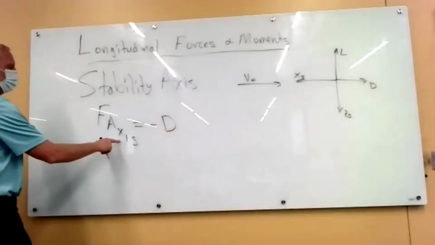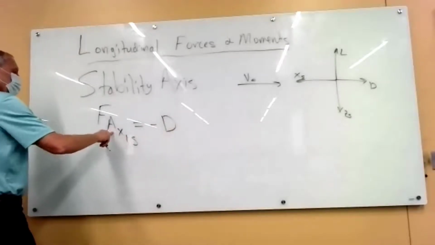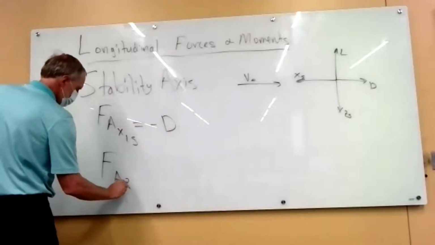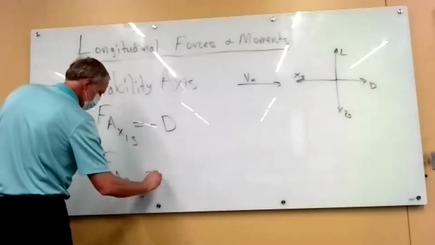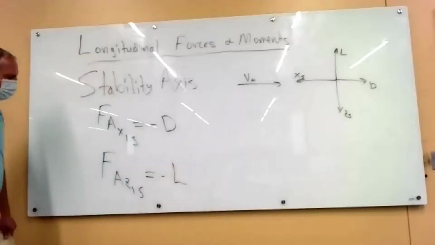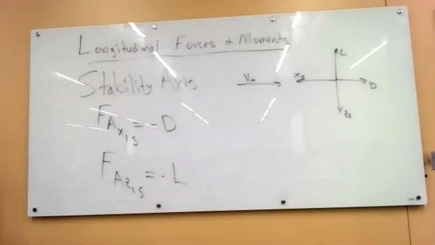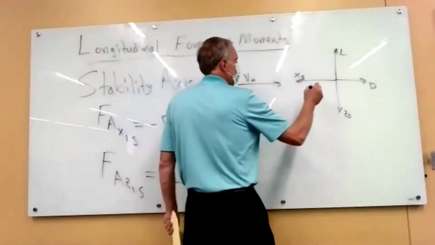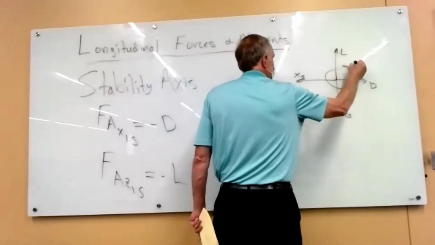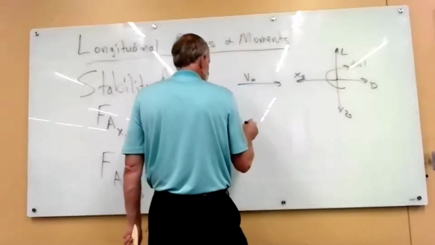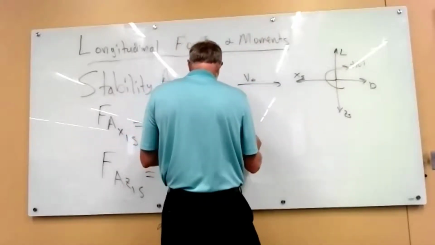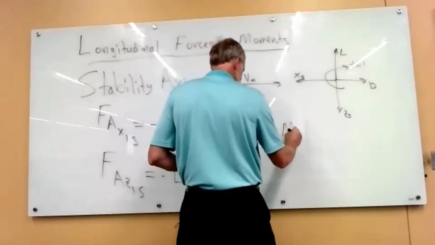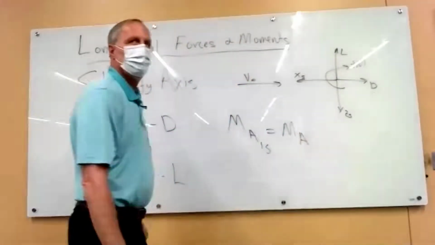So the X1 force in the stability axis, aerodynamic, is the drag. The Z force is the negative of the lift. And then the pitching moment is still just a pitching moment. Doesn't matter which axis we're in. So MA1S is just the aerodynamic pitching moment.